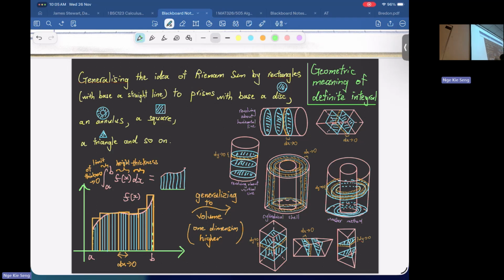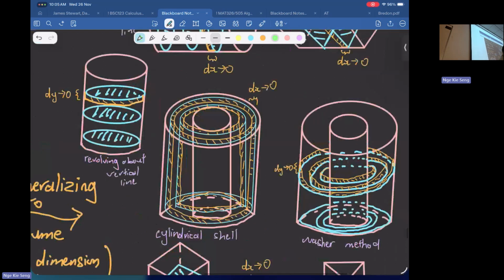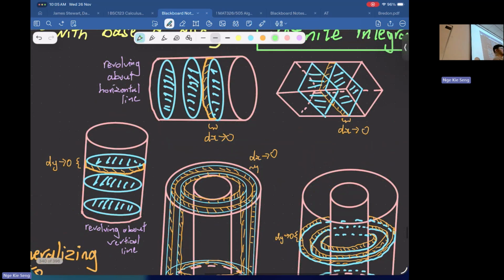If we put some thickness on a circle, we get something like a pancake. If we put a thickness on a square, it's like a box, and the rest are just prisms. Depending on how you orient your triangle or circle, the thickness could be in dy or in dx. Your thickness is in the x direction or in the y direction. It depends on how it is.